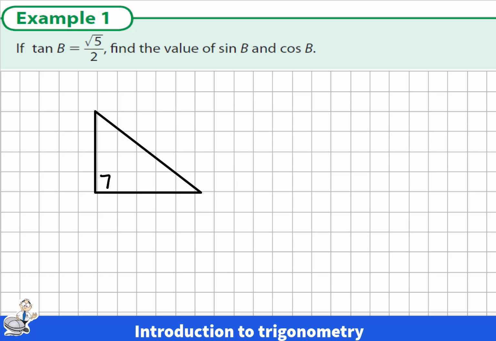I'm going to call one of the angles B, because that's what it's calling here. It's talking about tan B. Well, what does tan B mean? Someone tell me. What does tan B mean?